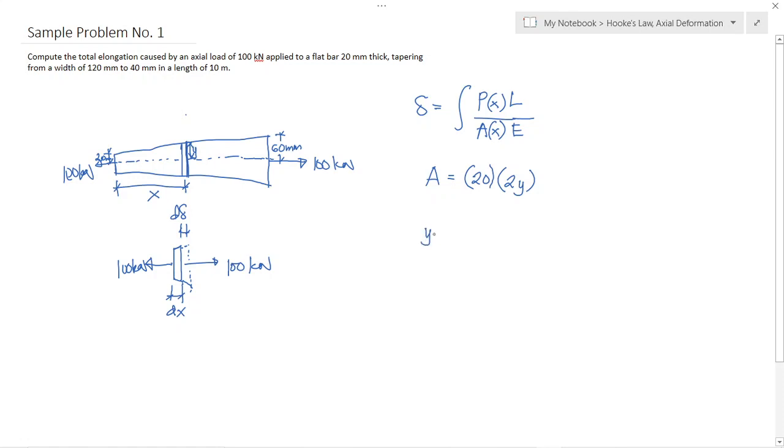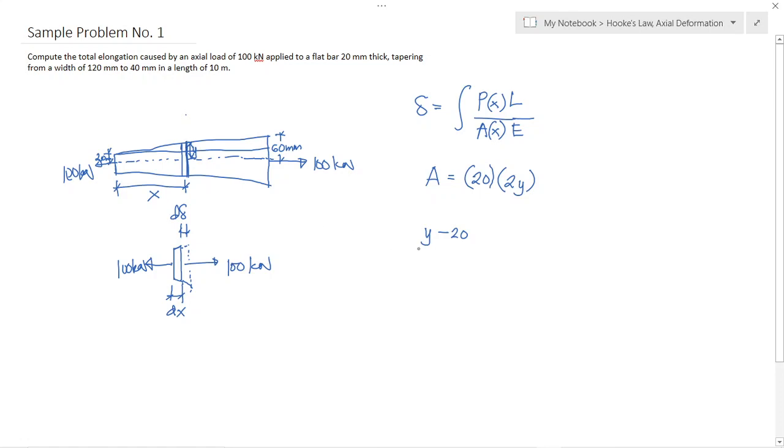Okay, so the relationship of x and y from geometry, by similar triangle, we have y minus 20. Y minus 20, class, when we consider this triangle. I can draw a line here. By ratio and proportion, considering similar triangles here, this vertical distance is y minus 20, right?